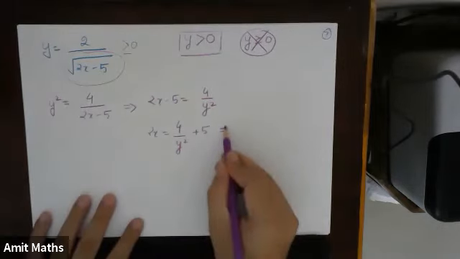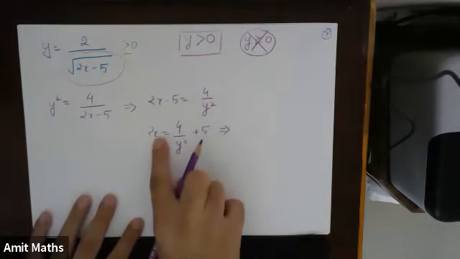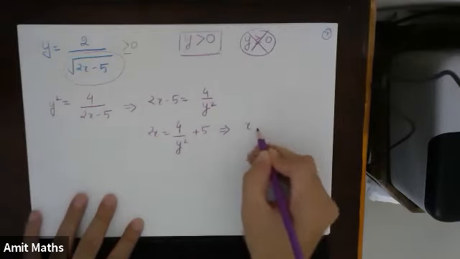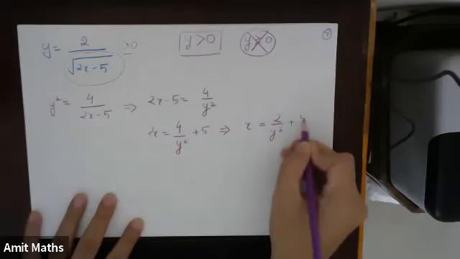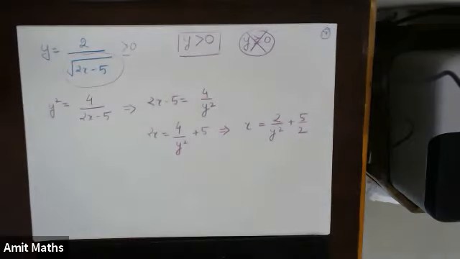So this will become the final function, x in terms of y: x is equal to 2 by y square plus 5 by 2. Okay.